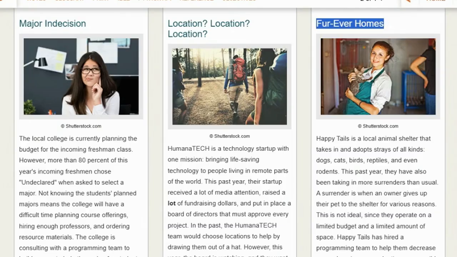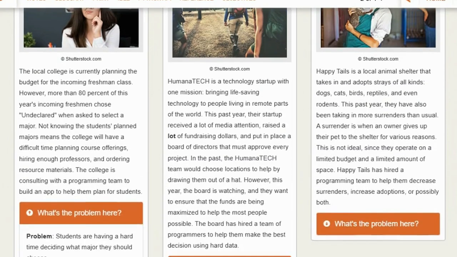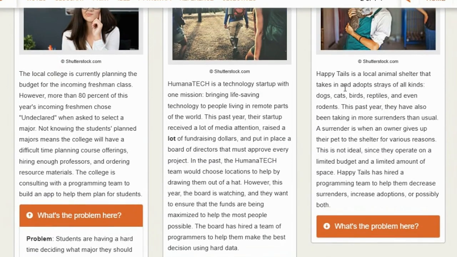Forever Homes. It's going to be about animals. Happy Tales is a local animal shelter that takes in and adopts strays of all kinds: dogs, cats, birds, reptiles, even rodents. Oh, you can catch a lot of mice, I guess. This past year, they've also been taking in more surrenders than usual. A surrender is when an owner gives up their pet to the shelter for various reasons.